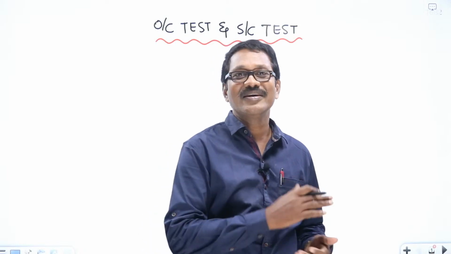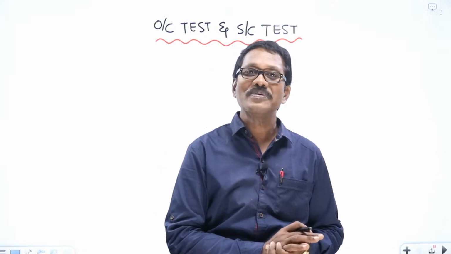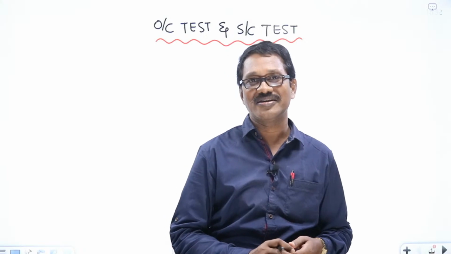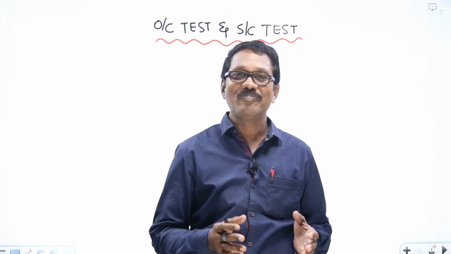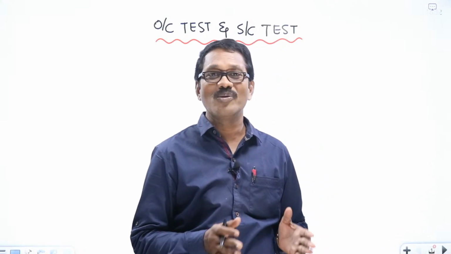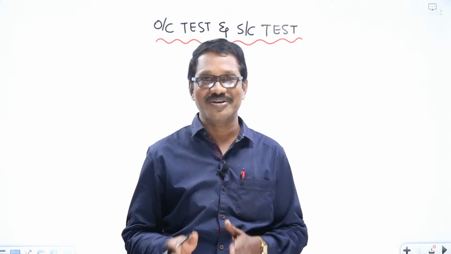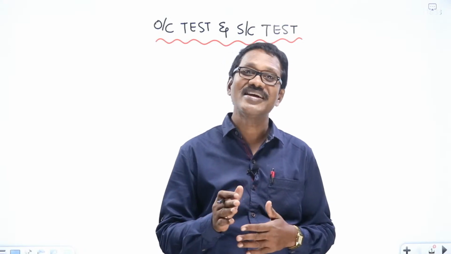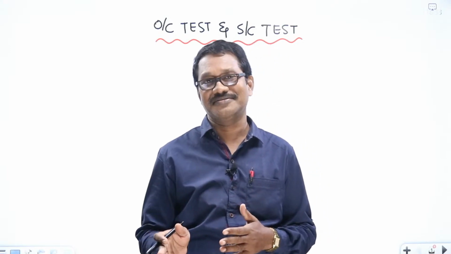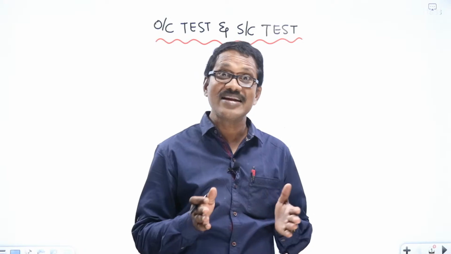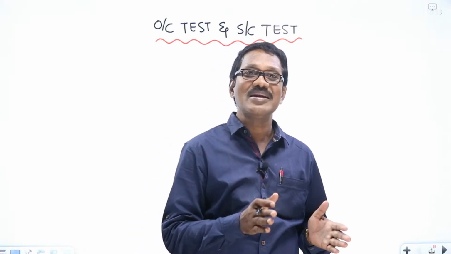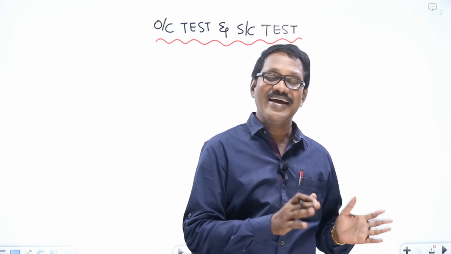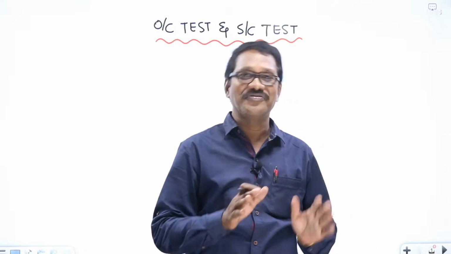In this session, we will discuss open circuit test and short circuit test. The prime motivation to conduct them is to observe whether the diode is in on state or in off state. As long as the potential barrier exists, the diode is said to be in off state.